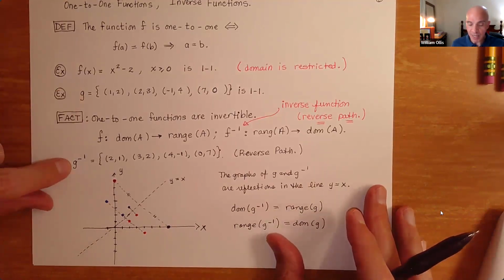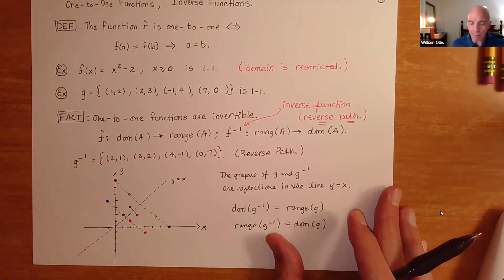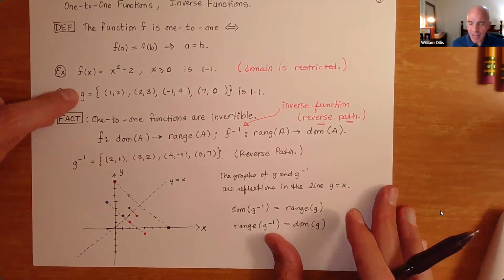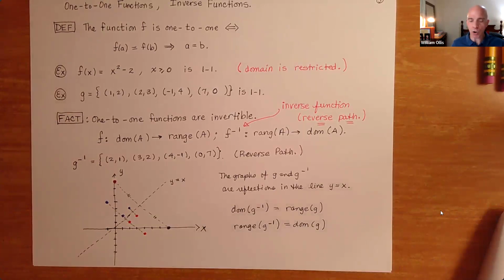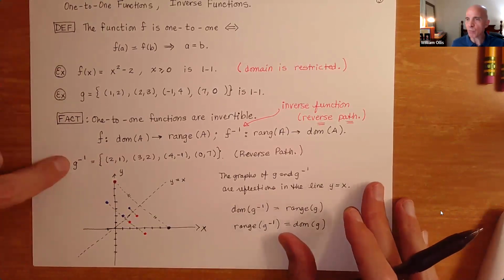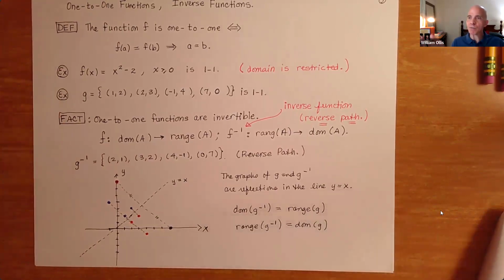We could say that g is the inverse of g to the -1. We can also say that, but we think of a beginning function, so to speak. We think of a function with which we start, show it's 1-to-1, and then we write the inverse. So again, it doesn't matter which function you start with, they're both inverses of each other.